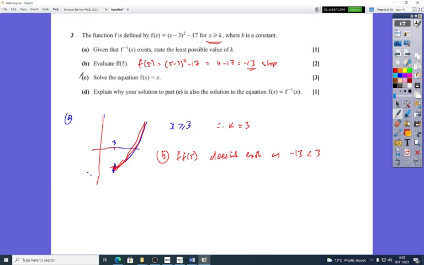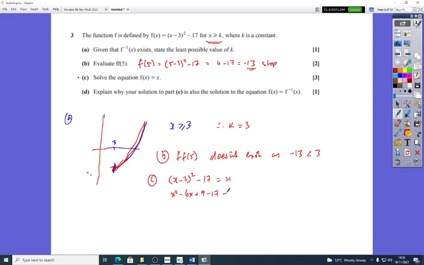Now, this next one, solve the equation where this is equal to x. Let's just do that. Now, there's no reasoning for this. You can just go and expand that out straight away. Well, actually, if I do x minus 3 squared minus 17 equals x, and then just do x squared minus 6x plus 9 minus 17.